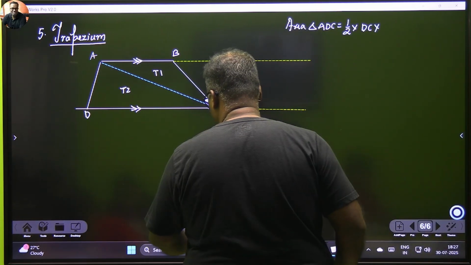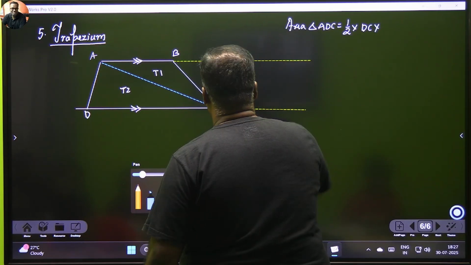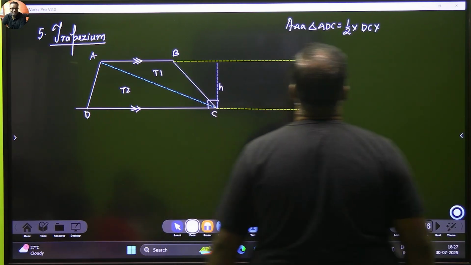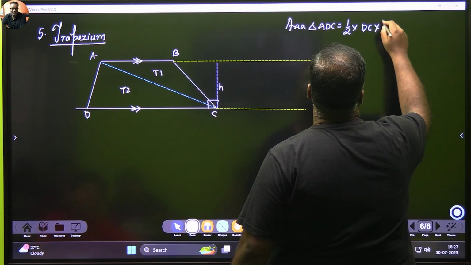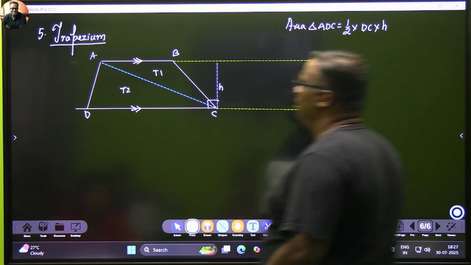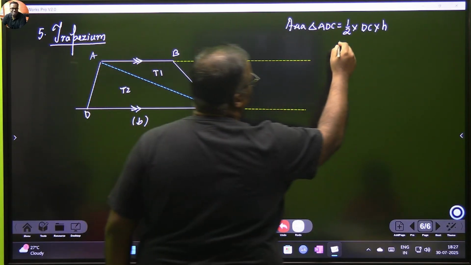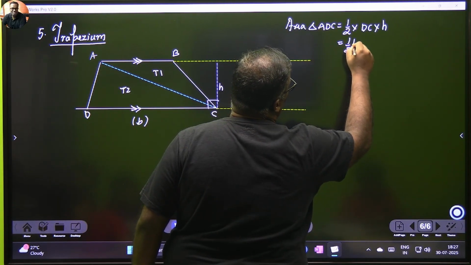Let's call the height H, so the area is half into base into H. If you want to name DC something, let's name DC as b, so it looks more stylish. So this area is half bH.